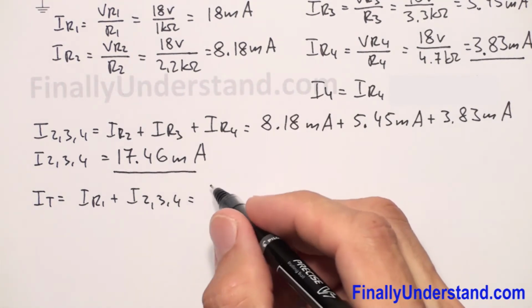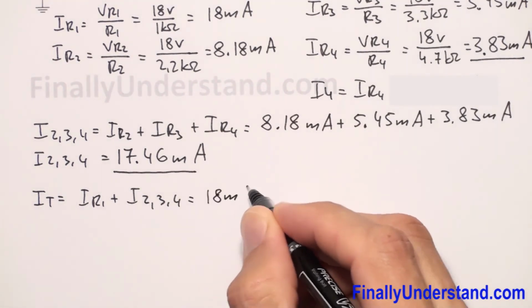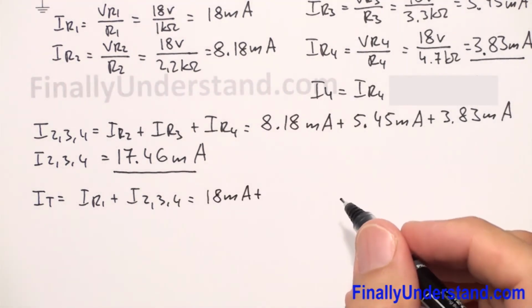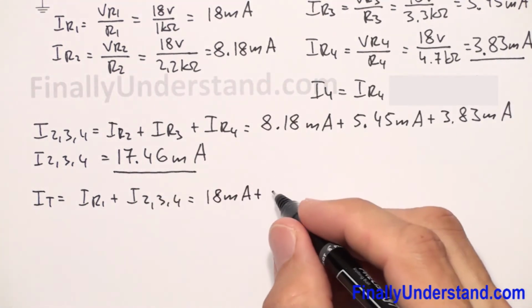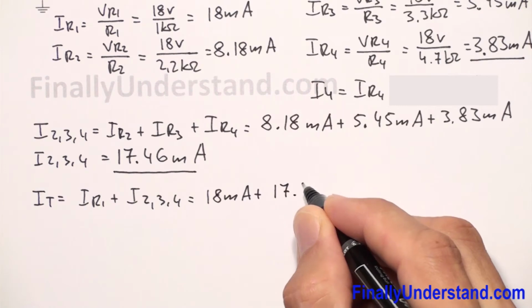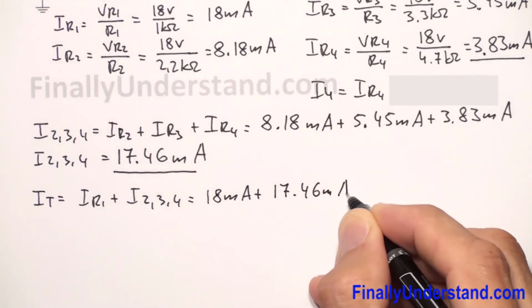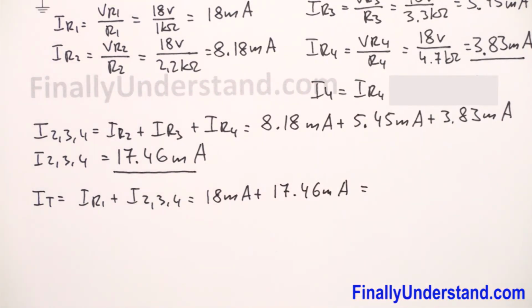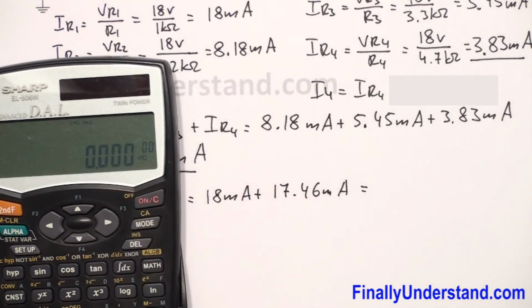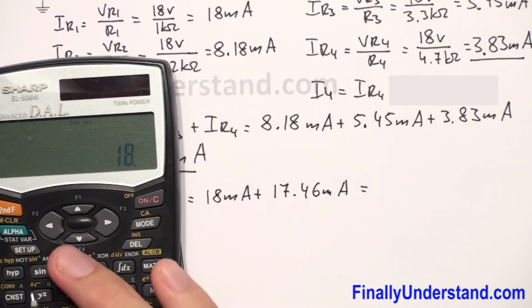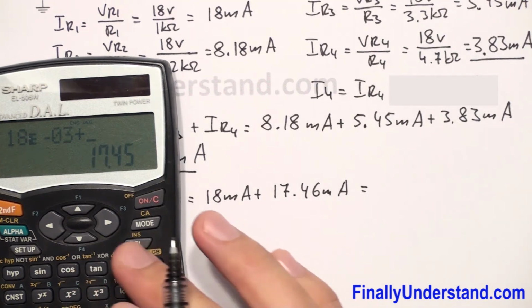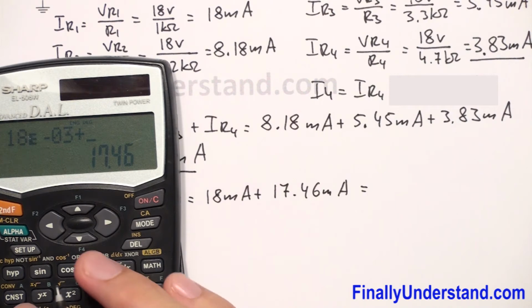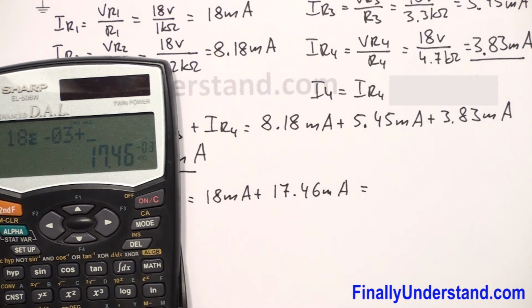So we have IR1, which is equal to 18 milliamps, plus I234, which is equal to 17.46 milliamps. Okay, again I'm going to use the calculator just to practice. So I have 18 exponent negative 3 plus 17.46 exponent negative 3.